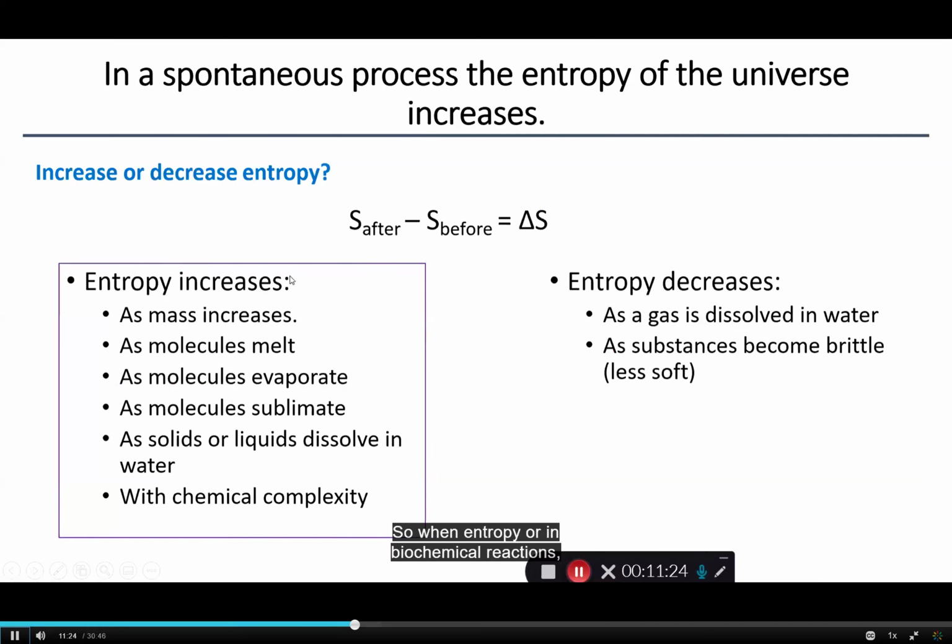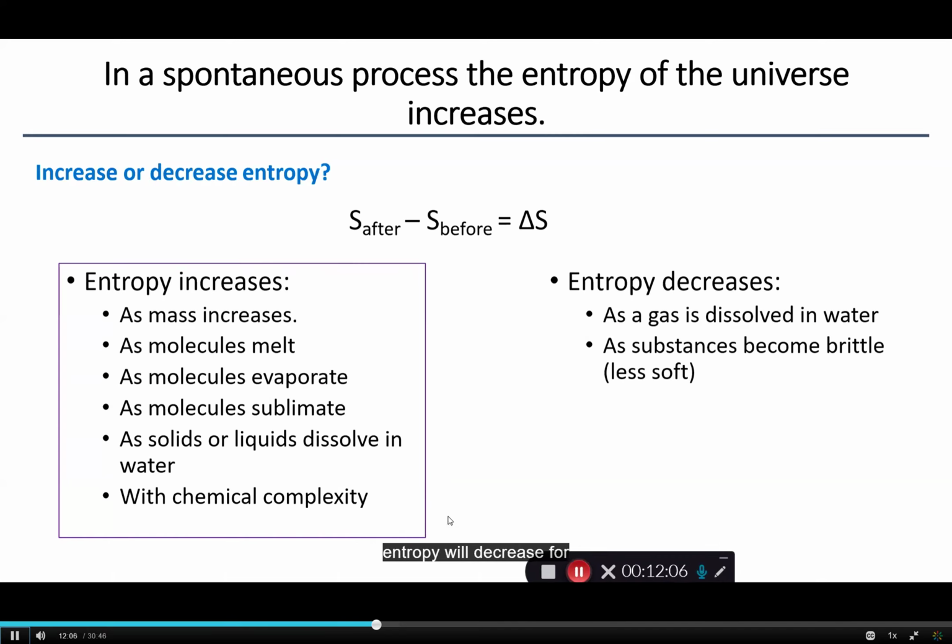In biochemical reactions, entropy increases when mass increases, when molecules melt and go from a solid to a liquid state, when molecules evaporate and go from liquid to a gaseous state, as molecules sublimate, as solids or liquids dissolve in water, and also entropy increases with higher chemical complexity. Since as you start to link more and more atoms onto a molecule, there's more interference and more steric hindrance between functional groups on a very large and complex molecule. And so that would represent an increase in disorder.